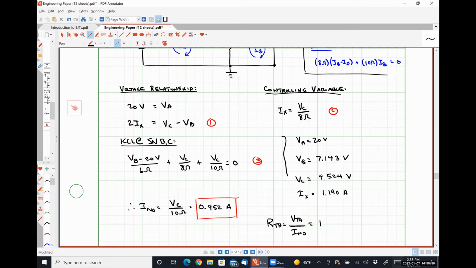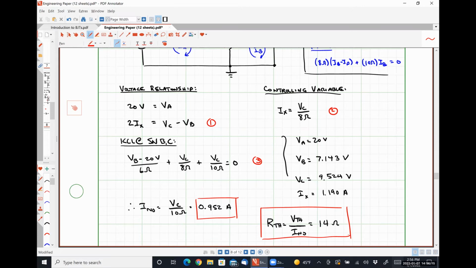So I feel 14 ohms is a reasonable thing to assume it is, with the understanding that there may be a little bit of rounding error in there because I definitely truncated the value of I Norton. Okay, great. So we have determined, and I'll put a box around this, that R Thevenin is 14 ohms.